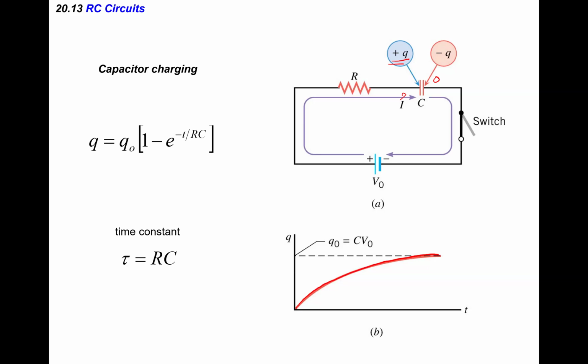Q will be equal to Q0 times 1 minus e to the power of negative t over RC. And this tau here is our time constant. Tau equals RC, where R is the resistance in the circuit.